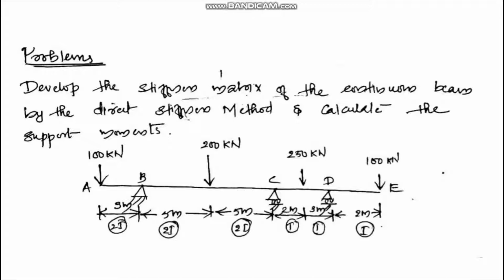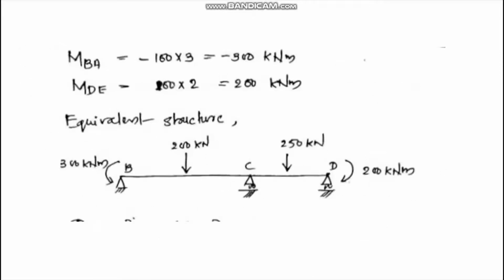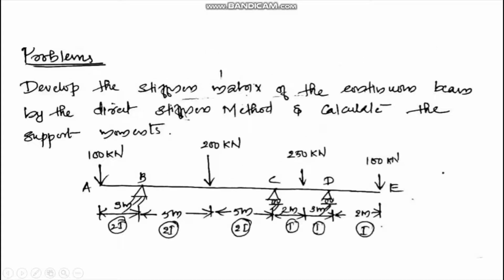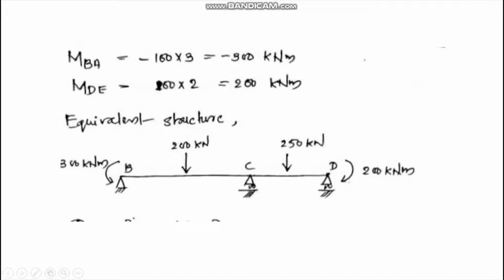So in this case, we are considering a continuous beam. Here the beam is overhanging, so in order to convert it into an equivalent structure with a simply supported end, we should convert the end forces into moments in this way.